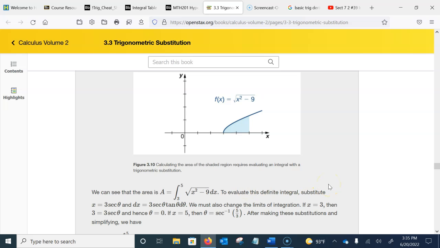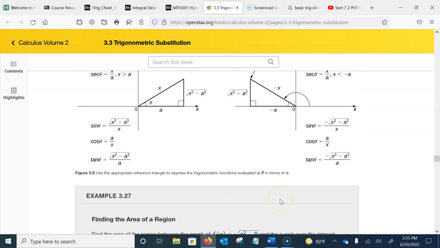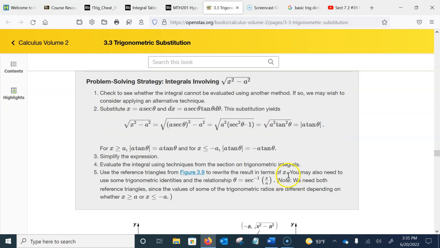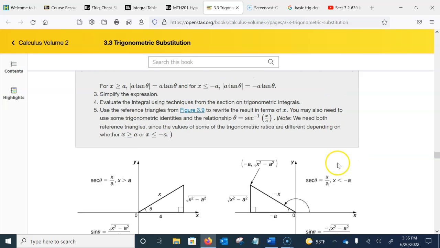Okay, and so I've got the form that we had, and x is equal to 3 secant theta, and that forces dx to be 3 secant theta tangent theta d theta. And when I replace this radical with the x being 3 secant theta, and I have a minus 9, then what's going to come out of here is, remember, a tangent theta.